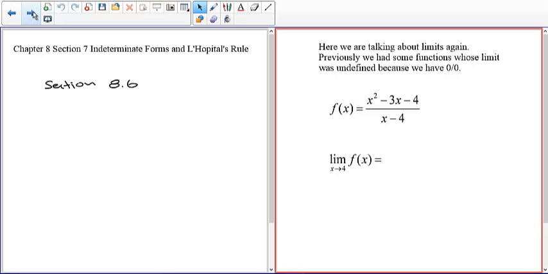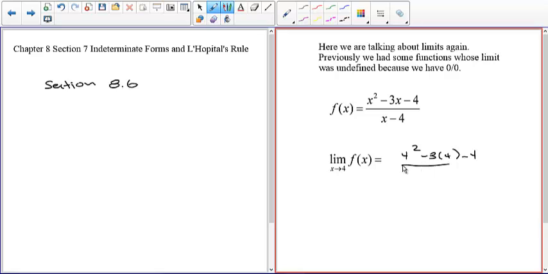So let's just do that. Back in chapter 2, we said, okay, if we plug 4 into our equation, you'll get 0 divided by 0. So now what do you do? You can't just say we quit. It's not 0, it's not infinity, it's indeterminate.